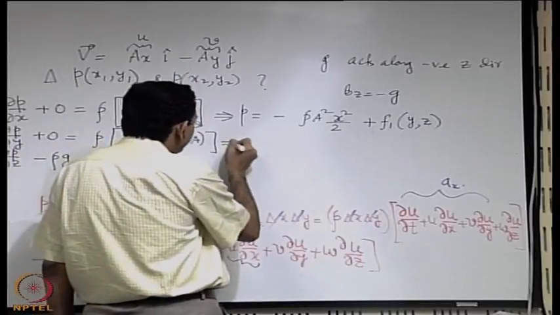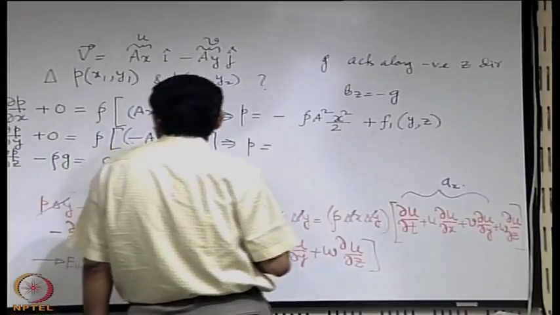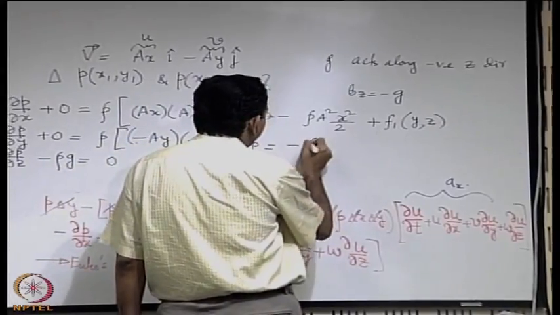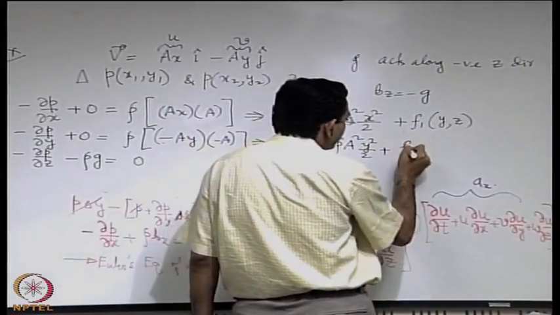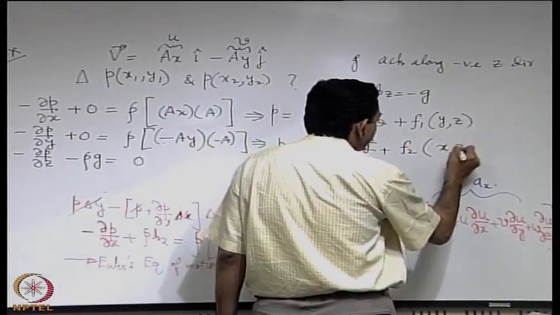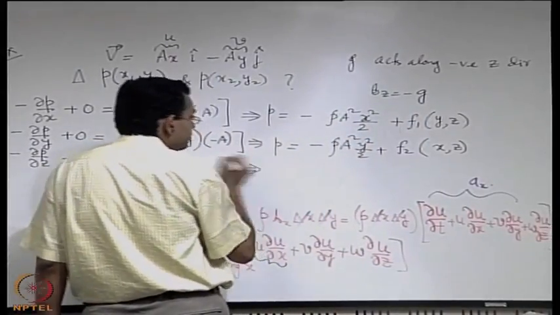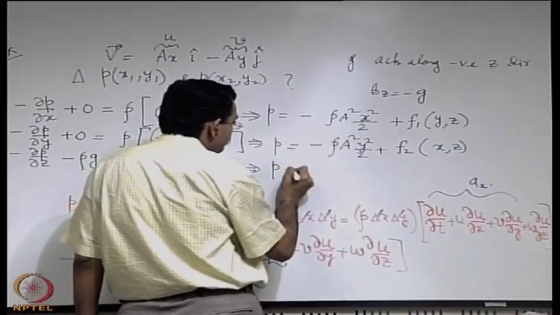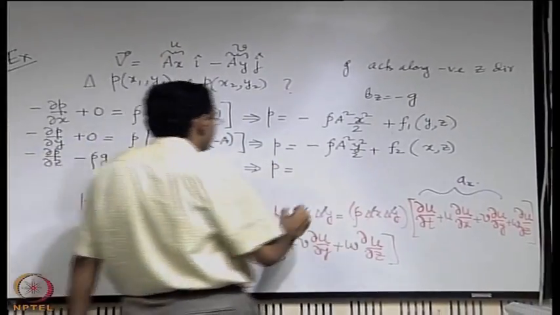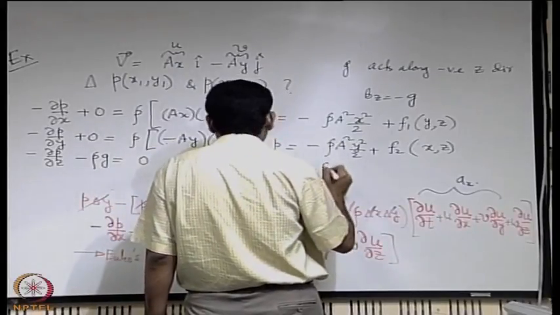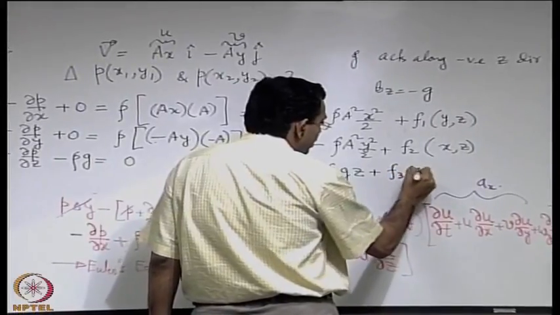For this it will become p equal to very similar, minus rho a square, now y square by 2 plus a function of x and z, and what will this give, p equal to minus rho g z plus a function of x and y.